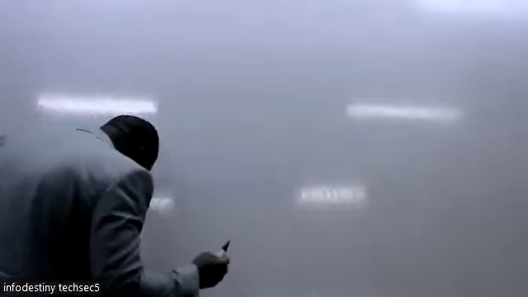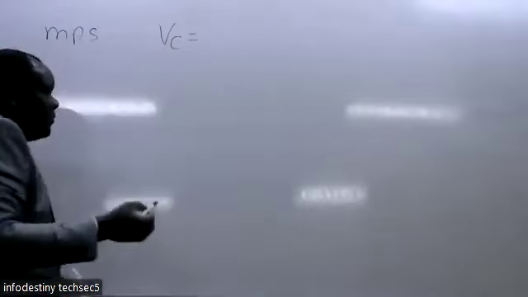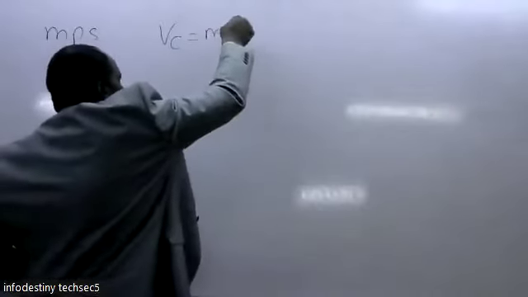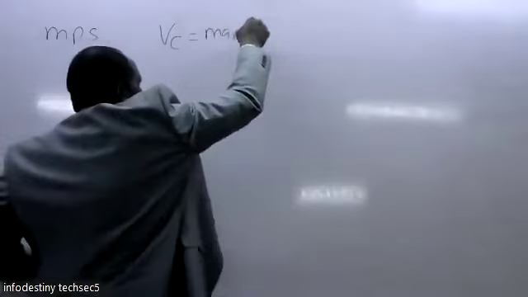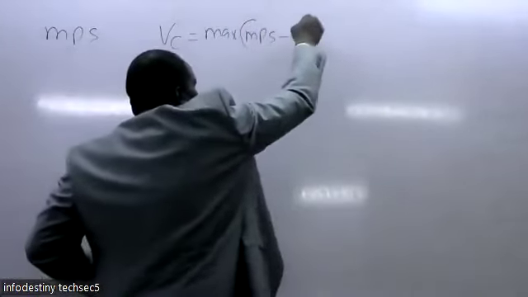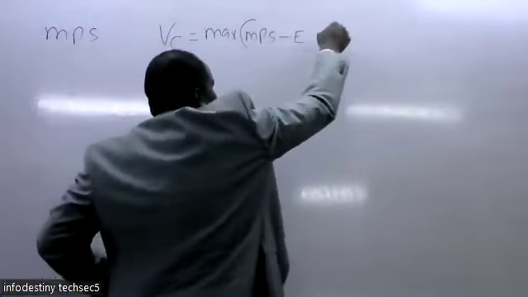So what you should have, we can have the column for the market price of the security. Then Roman letter 1 is the value of the call option, which I've said is given by the maximum in the brackets of the market price of the security, we subtract the exercise price.